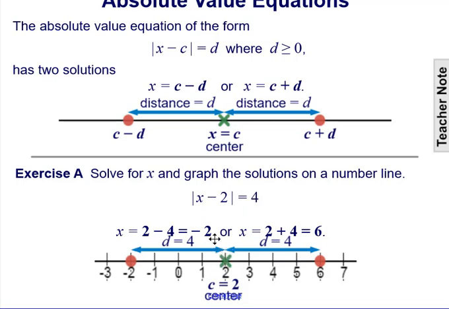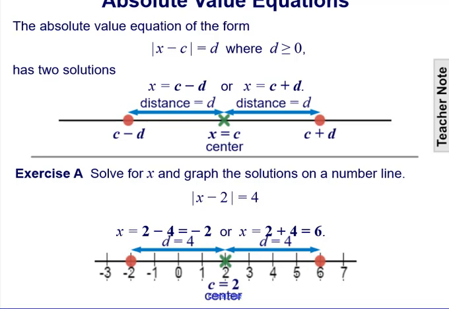We have 4 to the left, so you are subtracting 4 to go to negative 2 for one of our solutions. And from 2 we are then going to the right 4. So 2 plus 4 would bring us to 6. So the solutions for that equation are negative 2 and 6.